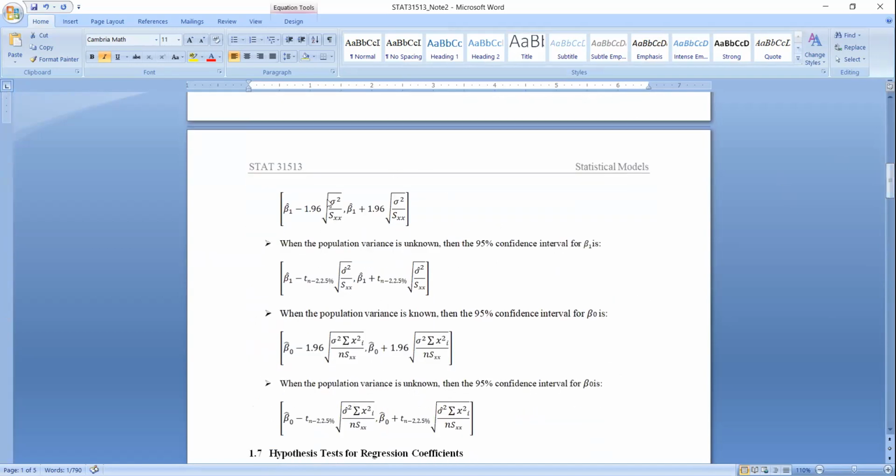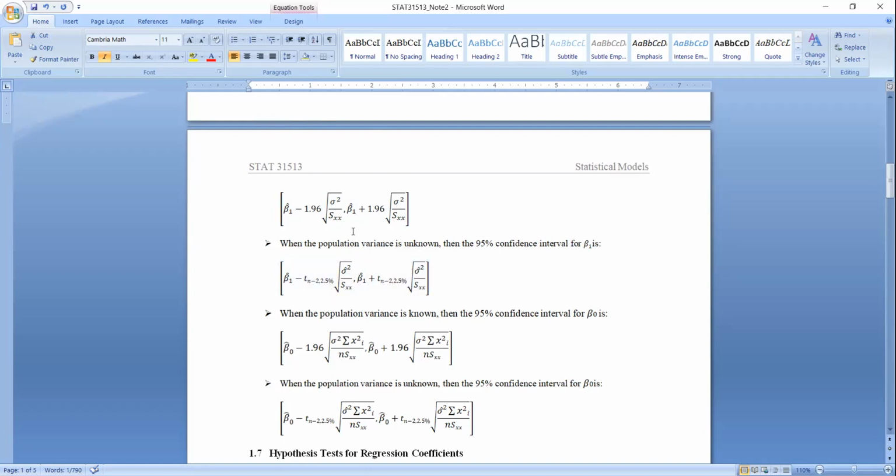So you will see beta 1 hat minus 1.96 times the standard deviation term, and beta 1 hat plus 1.96 times the standard deviation term. We can use this to construct a 95% confidence interval for beta 1, the slope parameter, when the population variance is known.